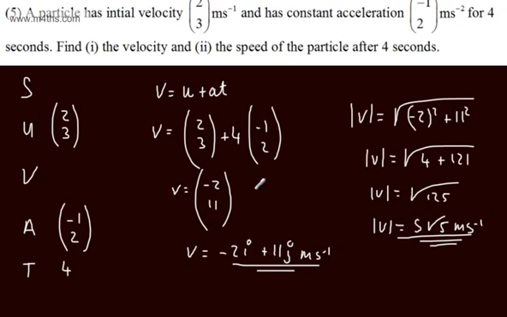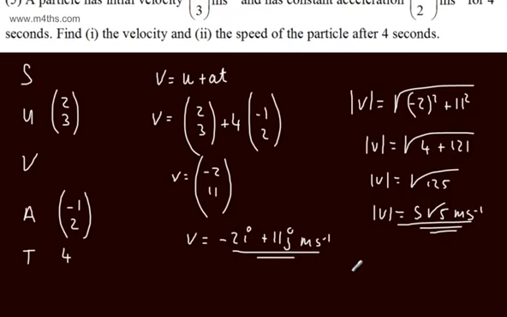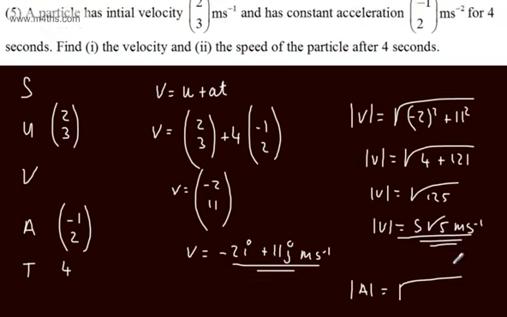Remember as well, acceleration is a vector as it has both magnitude and direction. So if we wanted now the magnitude of this acceleration, and I'm going to say that this is going to be capital A for acceleration, thus not confusing it with the vector A we had before. The magnitude of this acceleration is going to be the square root of minus 1 squared plus 2 squared.